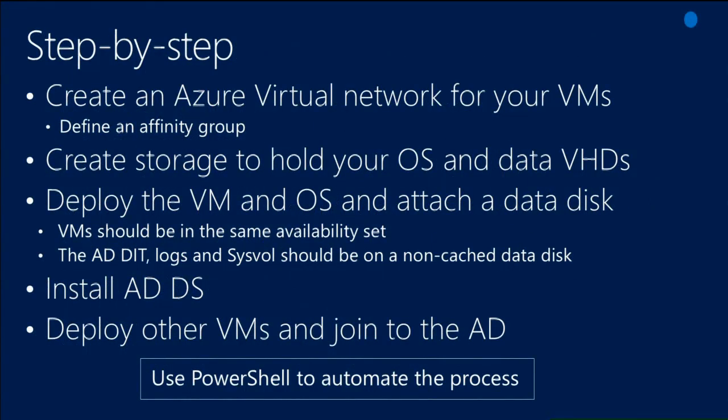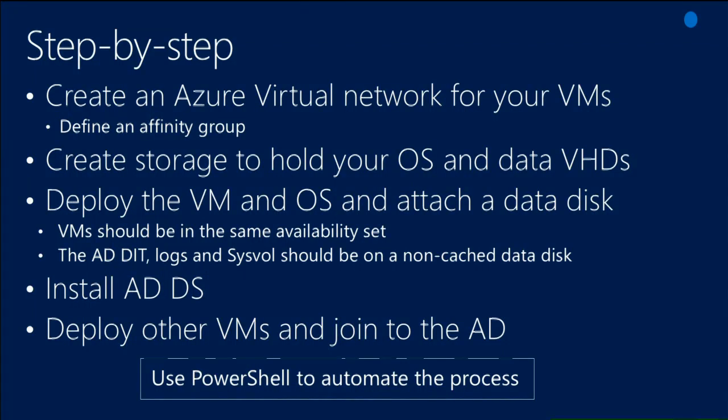Okay, so what do we need to do this and get our Windows Azure VMs up there? Number one, we create an Azure virtual network for your VMs. This is really important. I can deploy a VM into Azure and not even think about a network. It will just sit up there, somewhere in the cloud, and I can access it through a public URL.